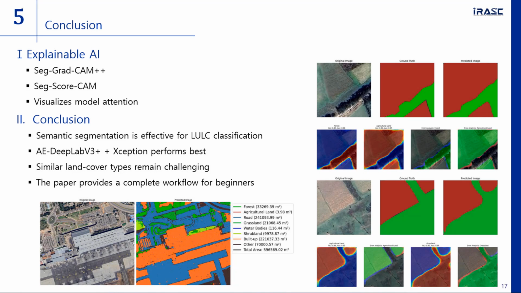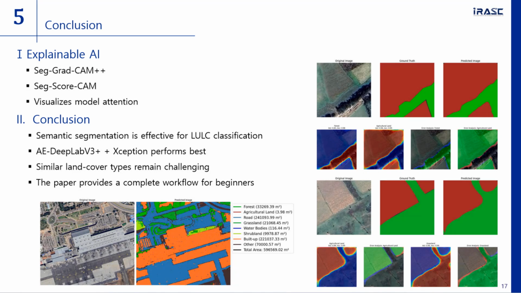In terms of class-wise performance, water bodies, agricultural land, built-up areas, and forests were classified relatively well. However, visually similar classes with unclear boundaries, such as grassland, shrubland, and others, remain more challenging.